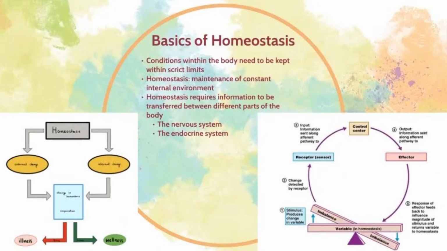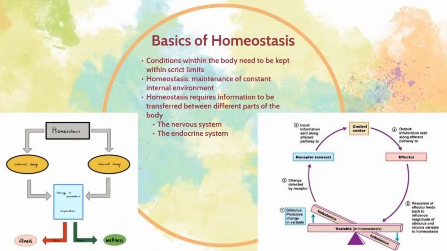This applies to anything that is being regulated by homeostasis. The exact parts in each part of this cycle will vary depending on what you're talking about, but the general steps are the same. Initially, a change is detected by a receptor or a sensor. This input information is then sent to a control center, and this can be done either via the endocrine system or via the nervous system, but I will go into more detail on that a little bit later in the lesson.